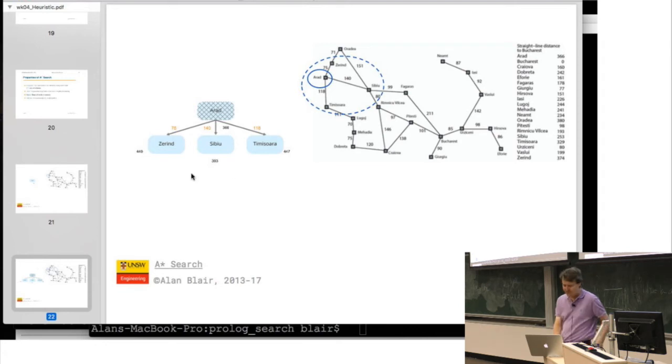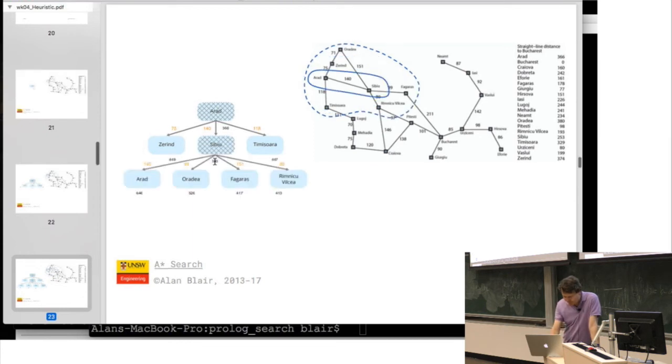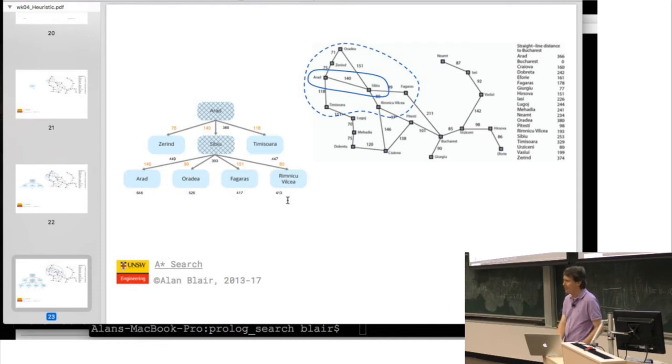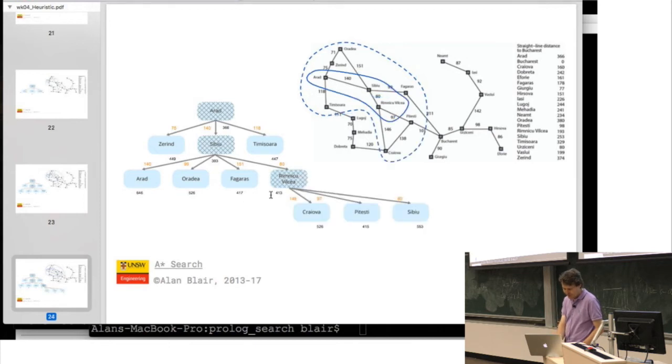So between these three cities, Sibiu is the best choice because this number is smallest. So we expand it. And then among all of these choices, the difference is small, but Vimnicu-Vilcea is preferred. This is 413, that's 417. So it expands Vimnicu-Vilcea.